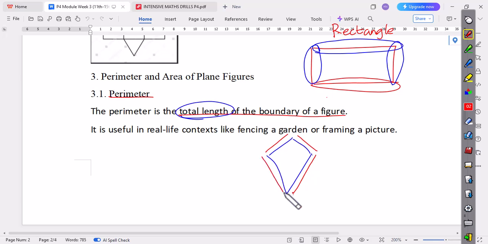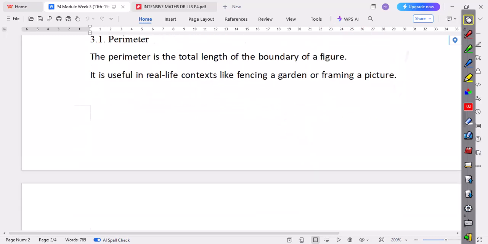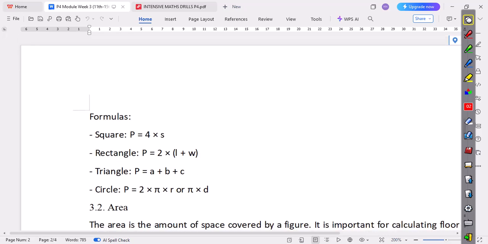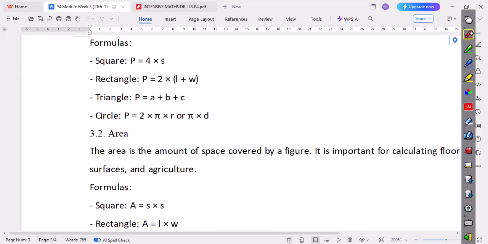Next, this is the formula of some shapes, just like square, because we know that square has 4 equal length.